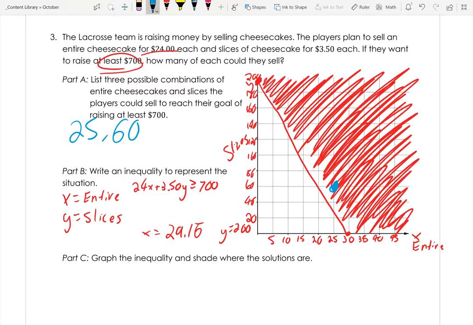I'm not going to pick anything too extreme. Let's pick some realistic ones, like right here: 15 entire cheesecakes and 120 slices. Or this one up here: 10 entire cheesecakes and 160 slices. Any of those possibilities would make more than $700.